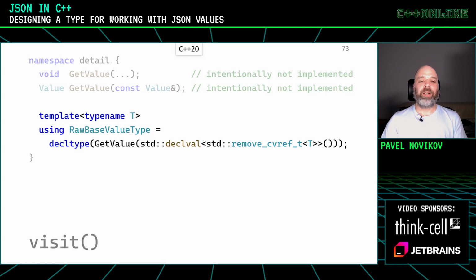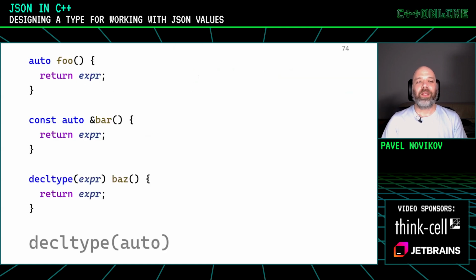In this way, we are able to figure out whether any type is publicly derived from value, or maybe it is some completely unrelated type, in which case we get void, which is not the value type.